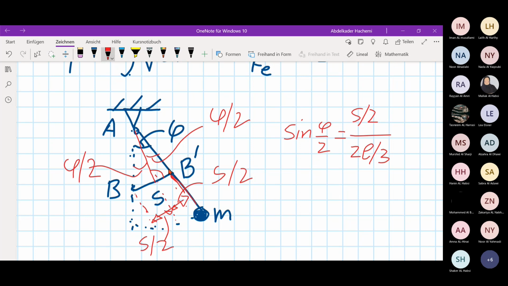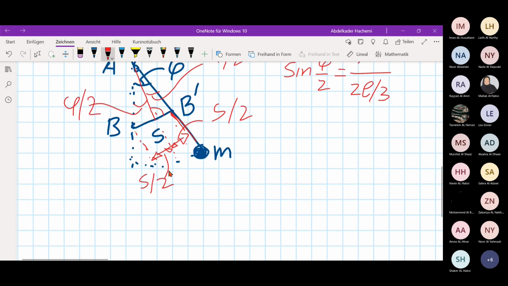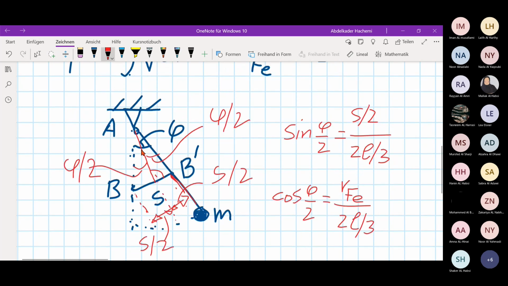The same principle we use with cosine. We have cosine phi over 2, which will be equal to R_FA divided by 2L divided by 3. Now, R_FA is only this distance here.